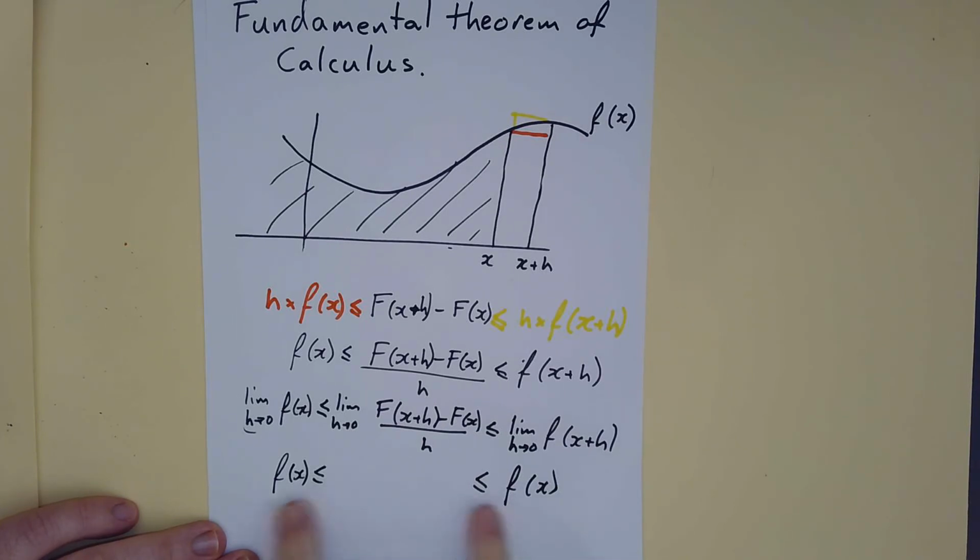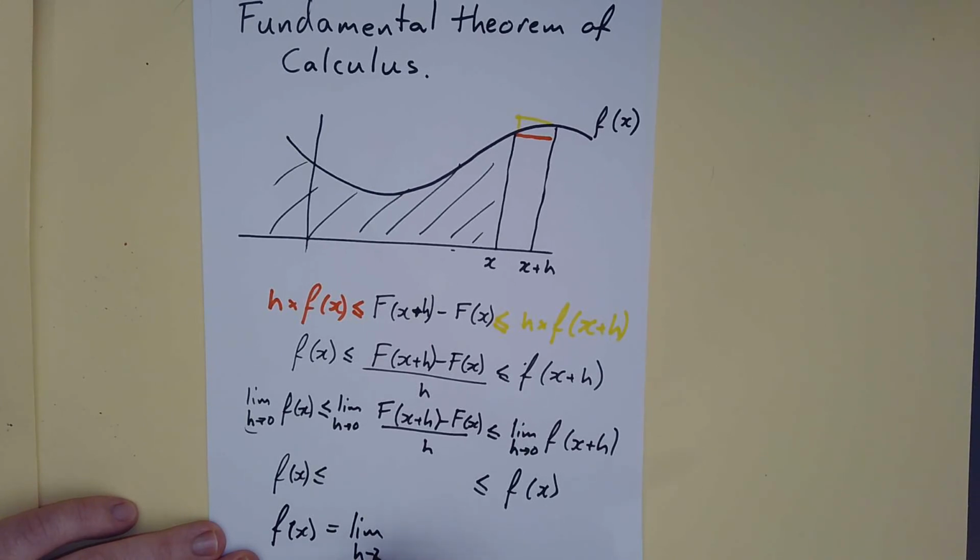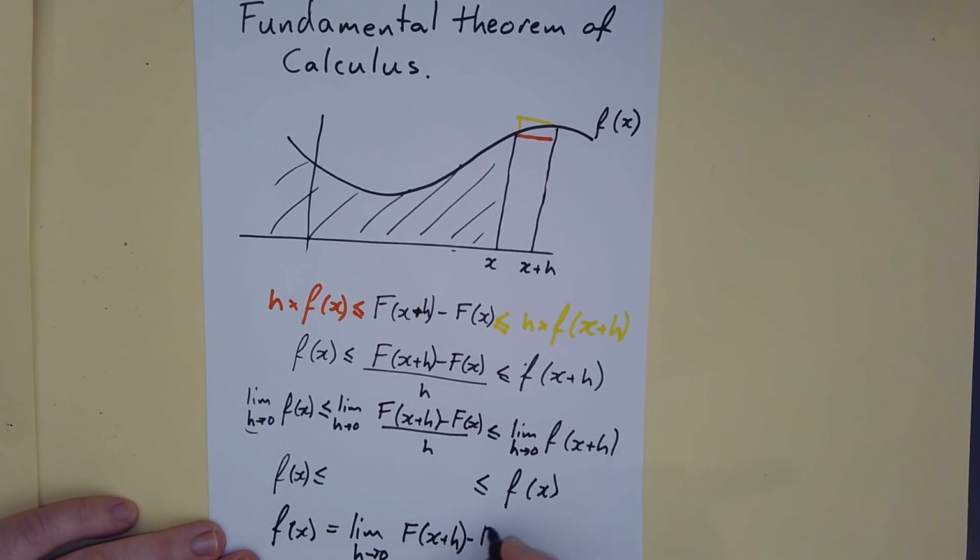So this stuff here must equal f of x, because it's in between. And we will recognize the bit in between as a derivative. That means that whatever my function is that gets me my area, when I differentiate it, I get my function.